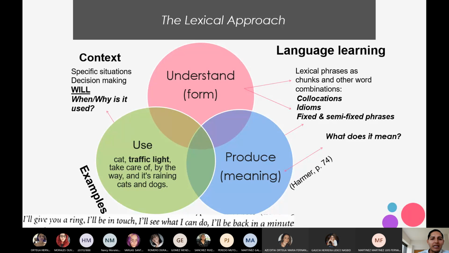Well, this is an approach that takes into consideration the use of the form and the meaning of the form in specific situations.